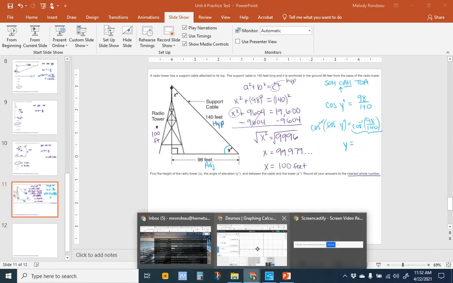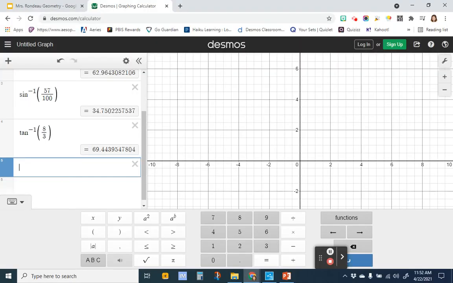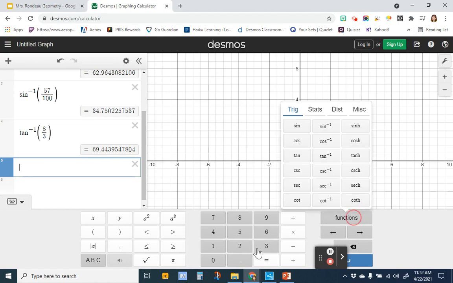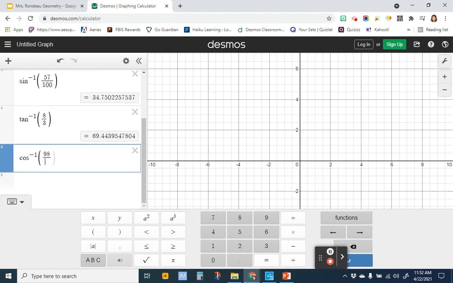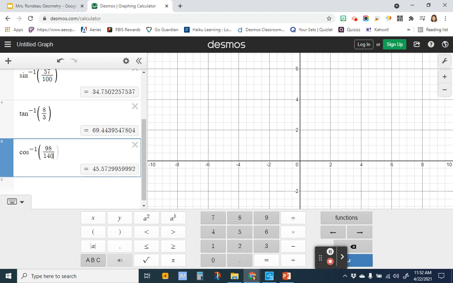So I jump over to Desmos. On to the next one, inverse cosine. So to my functions here under the keyboard, and I go inverse cosine. And it was, I believe, 98 divided by 140. I get 45.572.